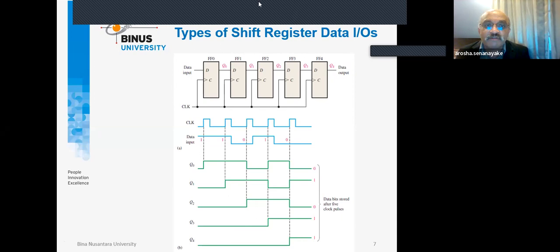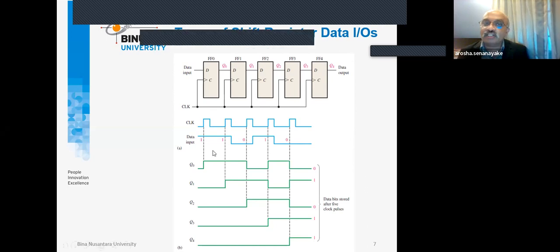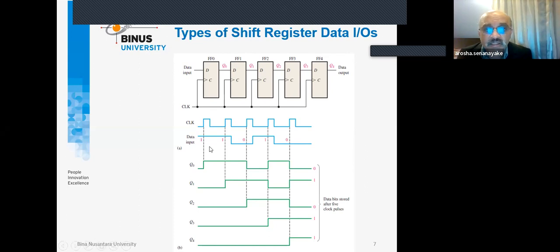So during this period of the clock, of course, the data input will be moved to the right, depending on the shift register we use. In this case, shift to right, you can see that in each pulse, the 1s and 0s keep moving.